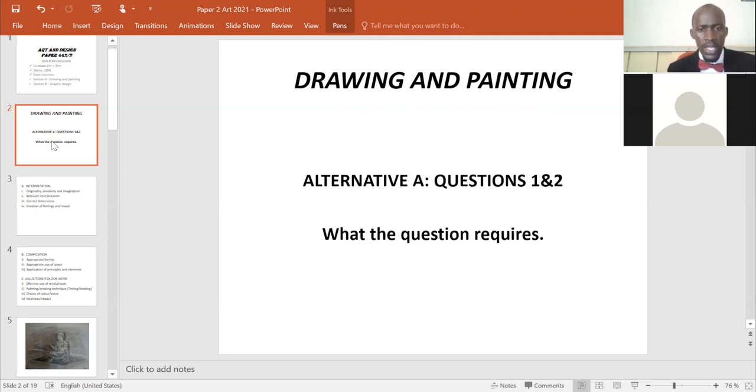For example, the words used in these questions are, create a pictorial composition without the use of mechanical instruments such as rulers, protractors, and any other mathematical set instruments. Now, what do question 1 and 2 in alternative A, that is drawing and painting, require?